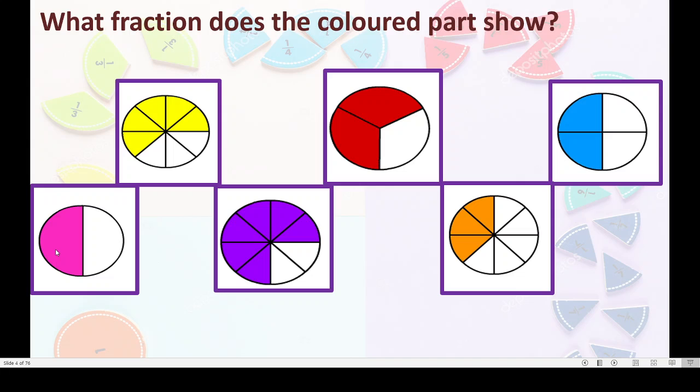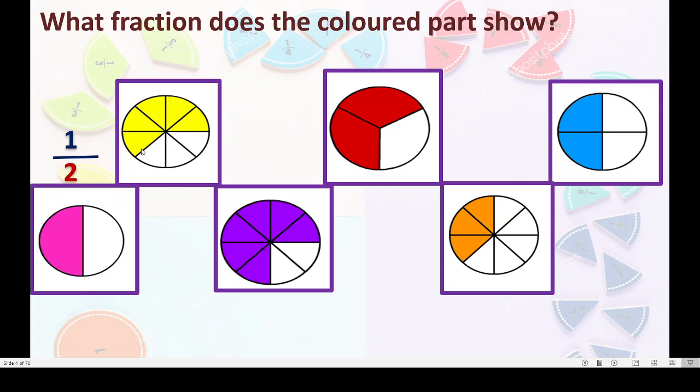See, this is the first one. Out of 2, one part is shaded. You know the answer, that is 1/2. Right? This page I gave you for homework in the Part 1 lecture, isn't it? Okay, please check your answers.